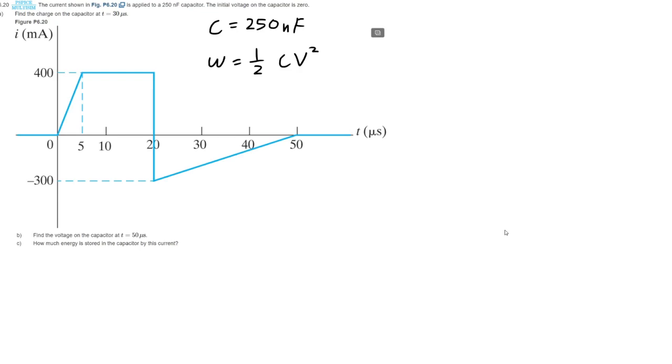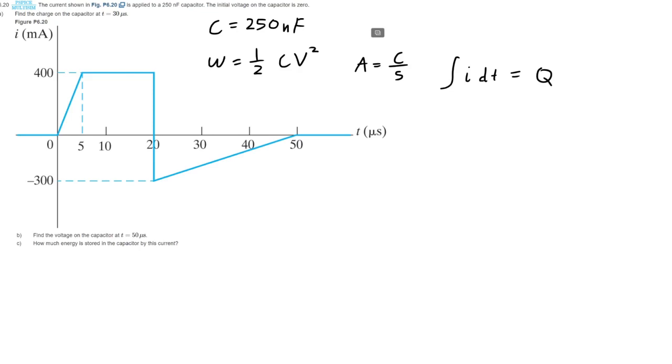Let me explain the logic first. An amp is a coulomb per second. So if we integrate current with respect to time, we will get charge.